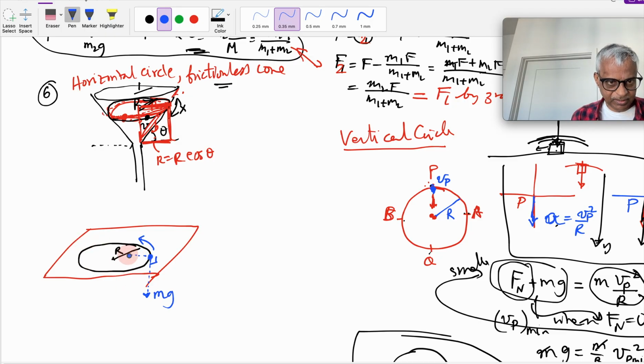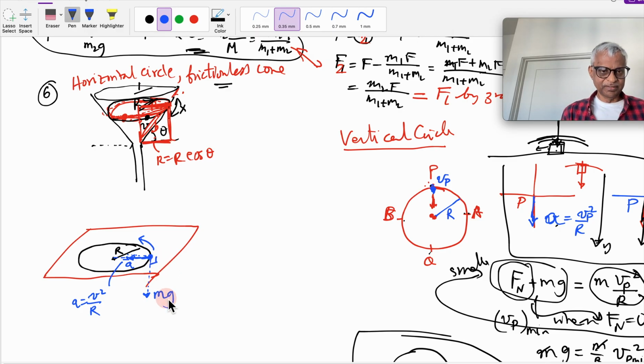Acceleration is pointed in the plane towards the center. Acceleration is pointed that way, and the magnitude is v squared over r.